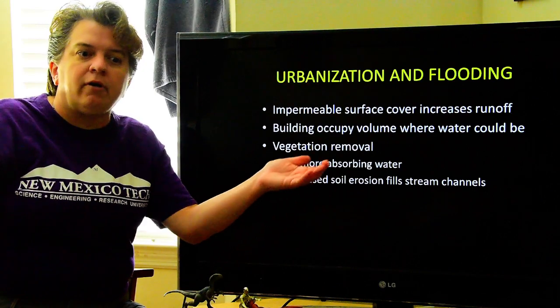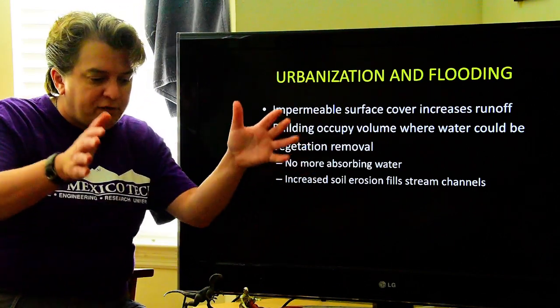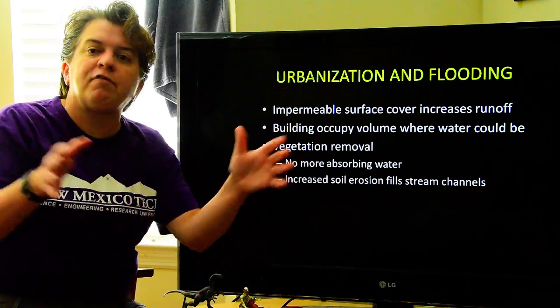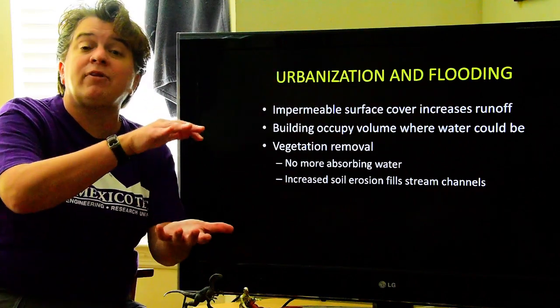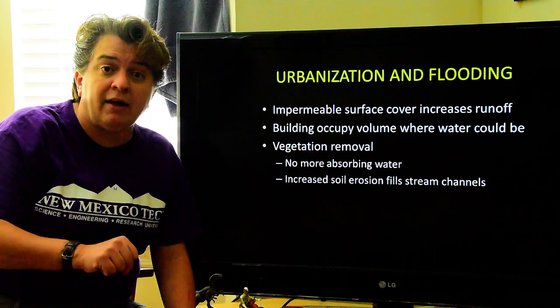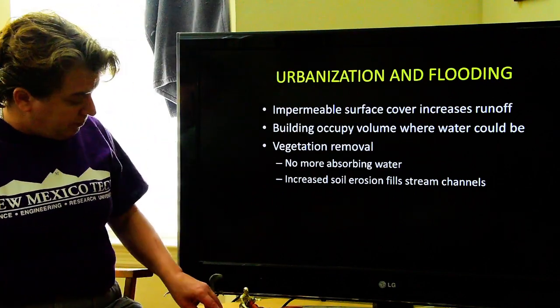And where does that soil go? It goes into the stream channel. So now, instead of having a stream channel that's maybe 6 feet deep, a whole lot of soil filled that up. Now maybe it's only 3 feet deep, right? Less volume of water can be held in that. And so we're going to get flooding that's worse than it used to be.